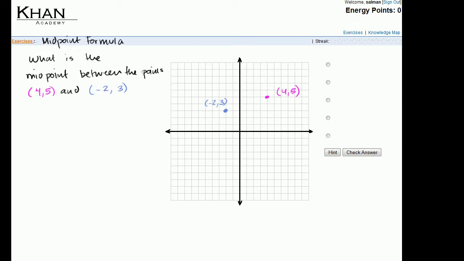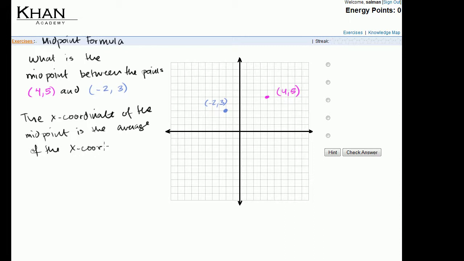And then we can write, well, the first hint they get, let me do that in the black. The first hint they get is the x coordinate of the midpoint is the average of the x coordinates of the points.